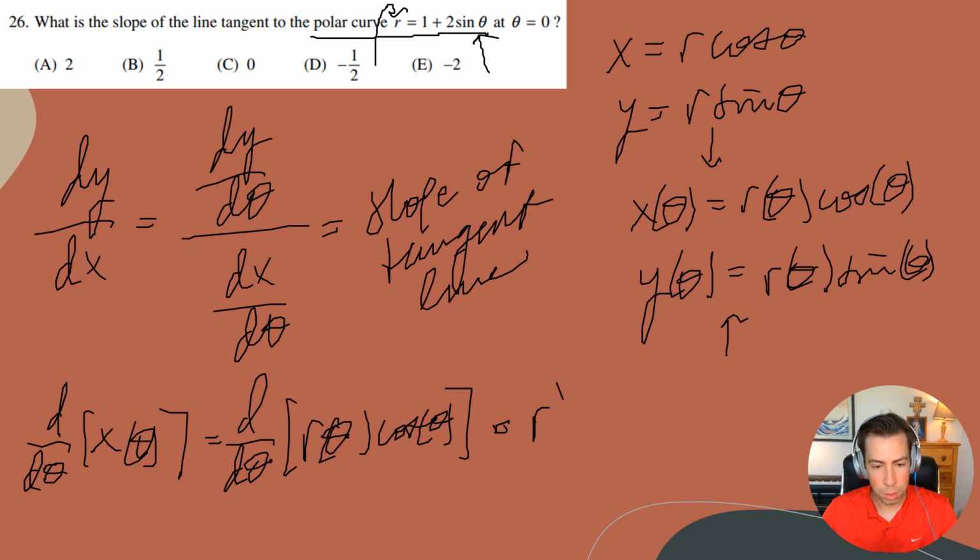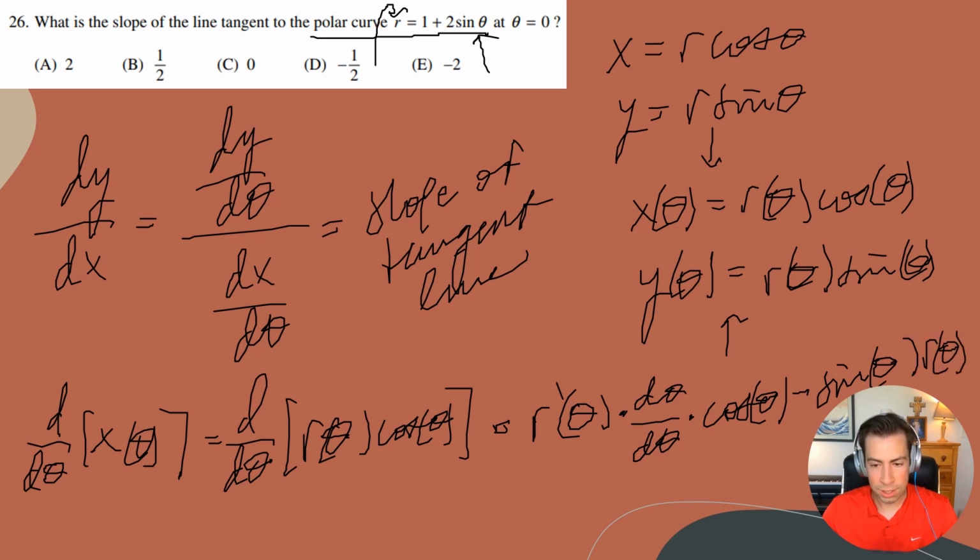So I will get r prime of theta multiplied by d theta over d theta, which is just 1, and then multiplied by cosine theta, plus negative sine of theta times r of theta, and yep, that's it.